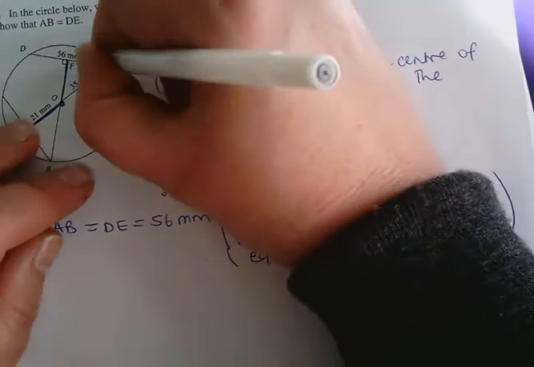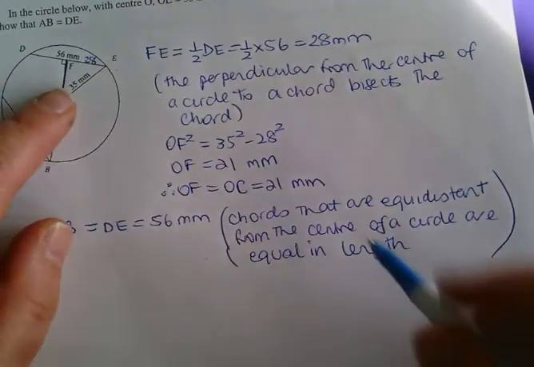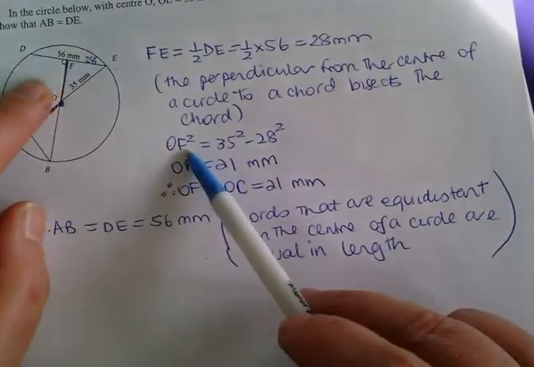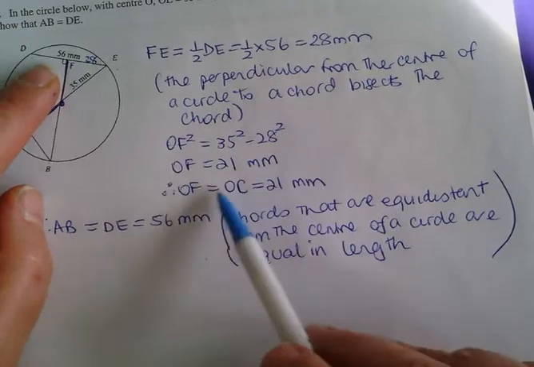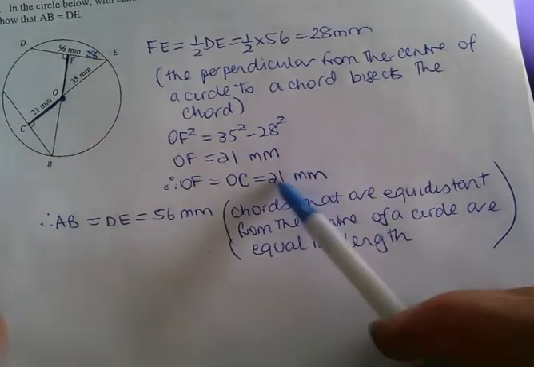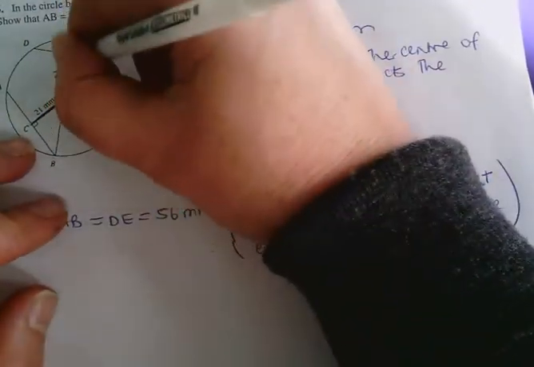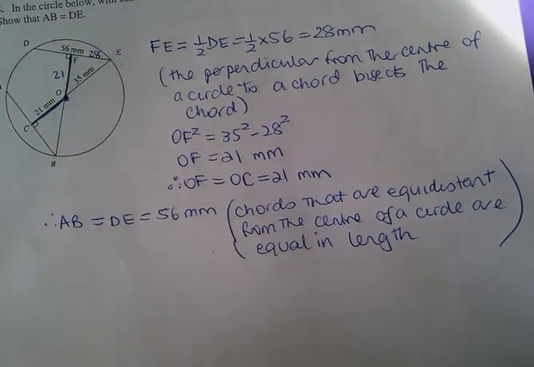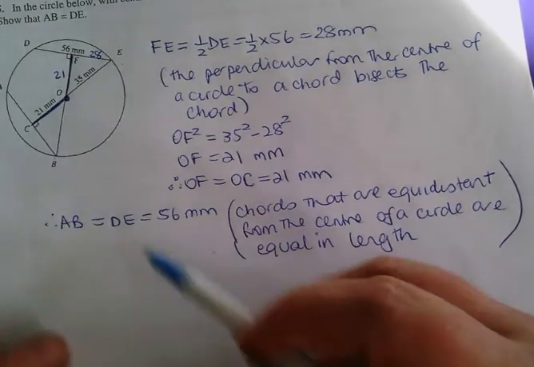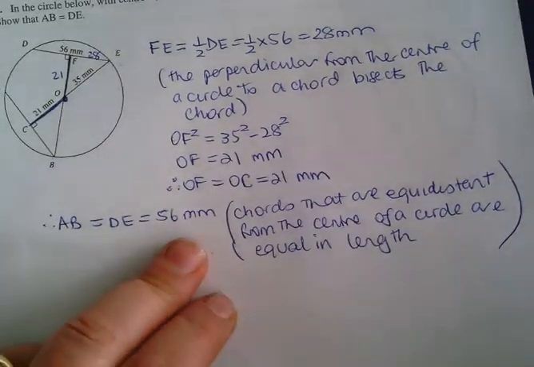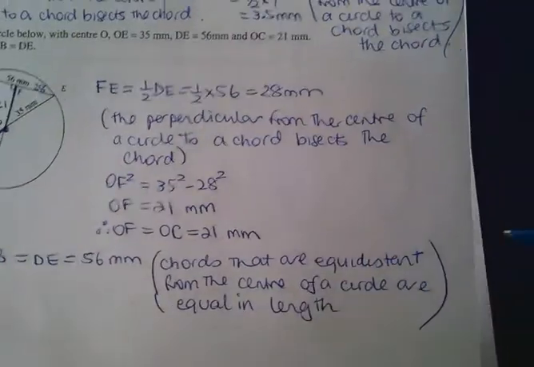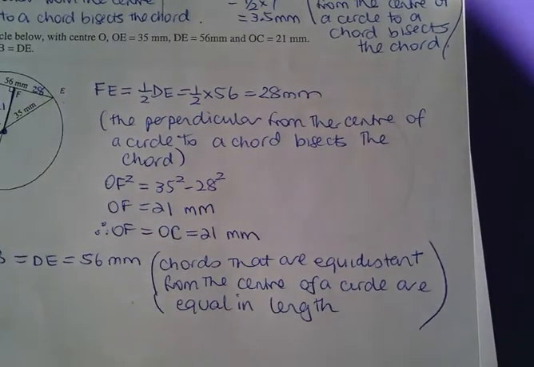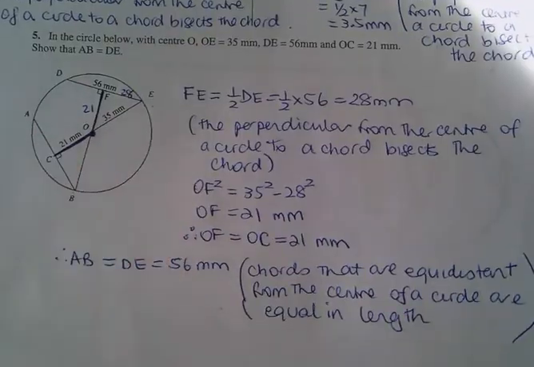Once we know that this is 28 millimeters, we can use Pythagoras' theorem to work out OF. So OF squared is that. OF is 21. If OF is 21, it means that chords AB and DE are equidistant from the center of the circle. So therefore AB equals DE equals 56, because chords that are equidistant from the center of a circle are equal in length.